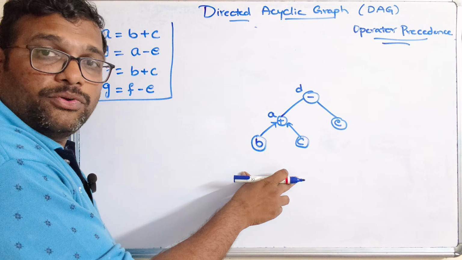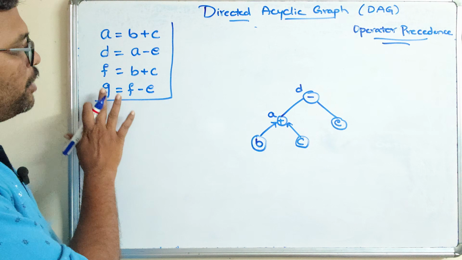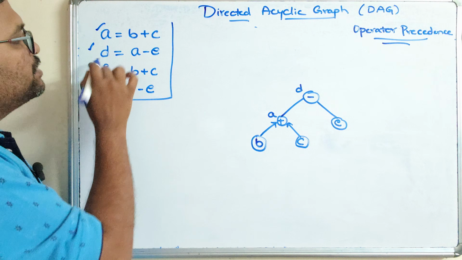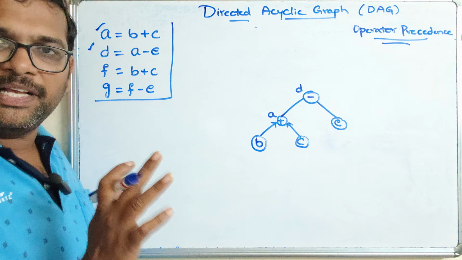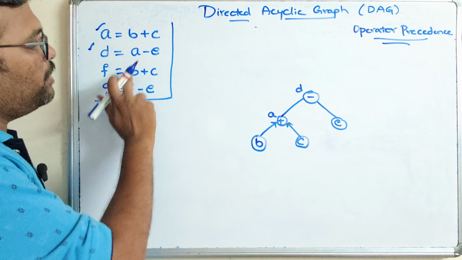One more thing we have to remember is whether the values have been changed or not. Here you can see the B value and C value have not been changed.